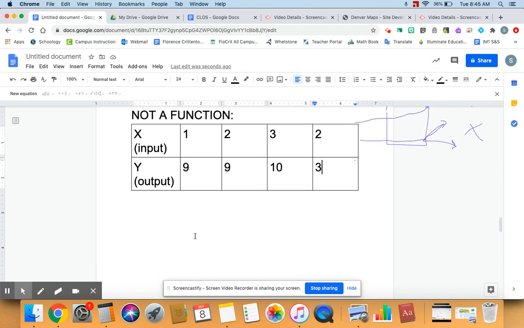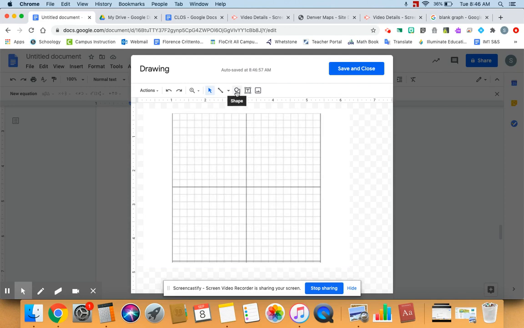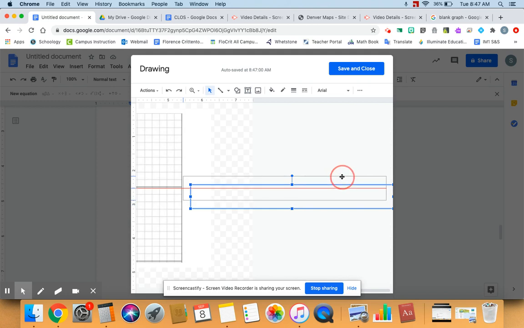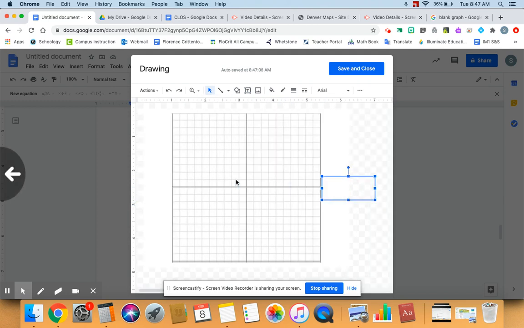So then let's talk about it on a graph. Remember, on graphs, the x-axis is this dark line. And remember, axis just means line. So this is the x-axis, and it goes side to side, left and right. And then the y-axis goes up and down, and so that's the dark line for the y-axis.